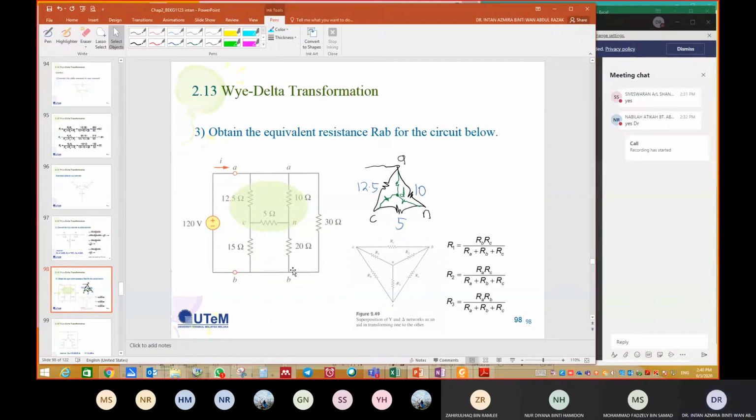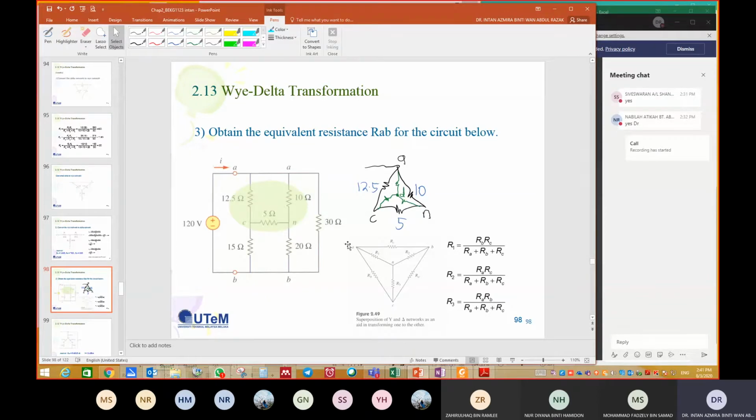Same goes for this: 15 and 12.5 are not in series or parallel, and 5 and 20 are not in parallel. As a summary, all the resistances in this circuit have no series or parallel connection.